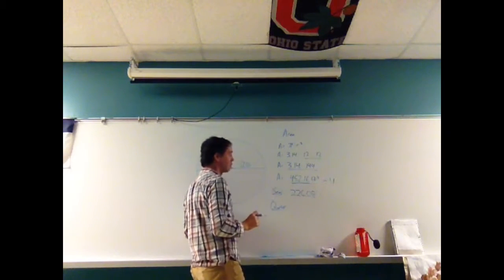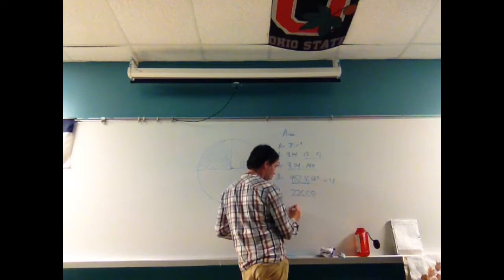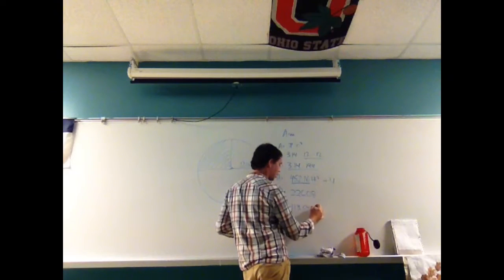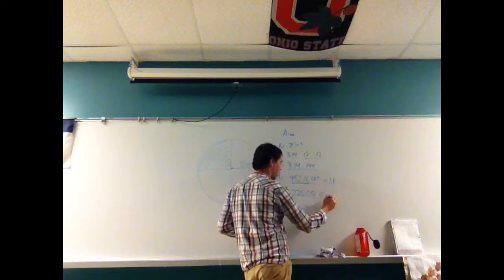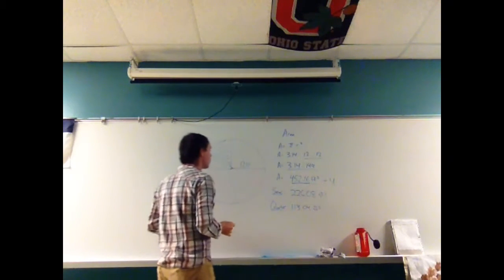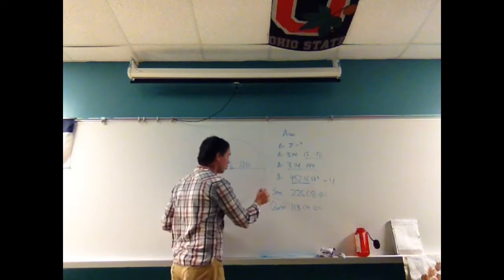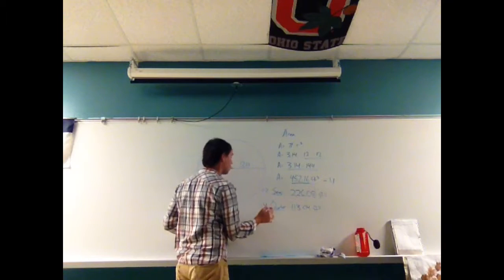If I divide that by 4, I'm going to end up getting an answer of 113.04. Okay, and that's going to be in feet squared on both of these. So again, if you want to know how to find the semicircle, you'll divide it by 2. If you want to know a quarter circle, you'll divide it by 4.